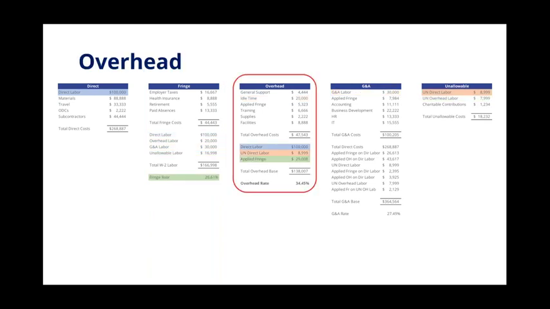For overhead, we said that the typical approach for many companies, and certainly many of our clients who are service providers, is that the base of overhead is typically direct labor dollars. So you'll see my direct labor down there. Because I have unallowable direct labor, I have to bring it over. And because my fringe is allocated over direct labor and unallowable direct labor, then I have to pull those dollars over as well.